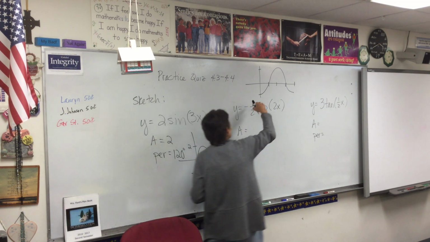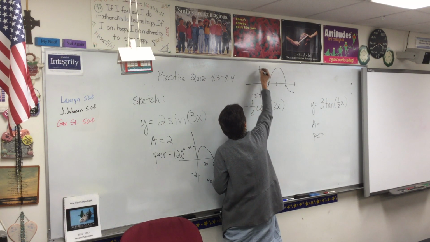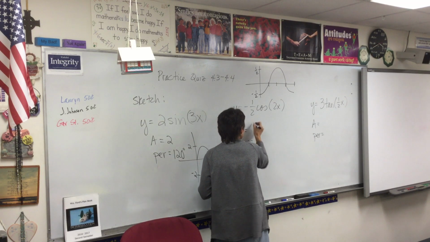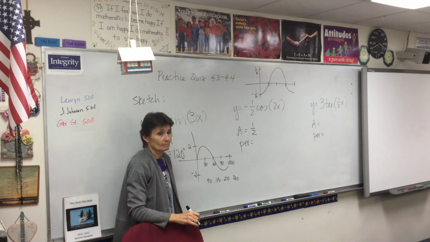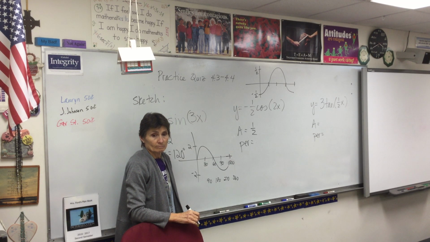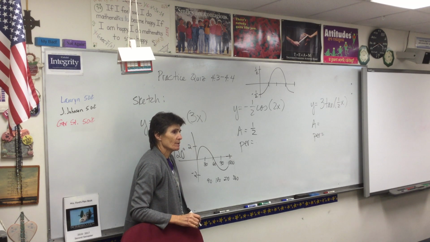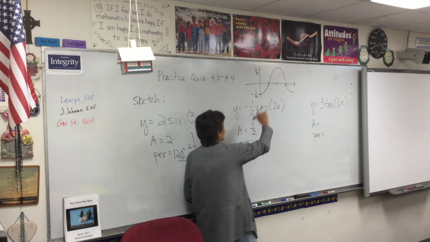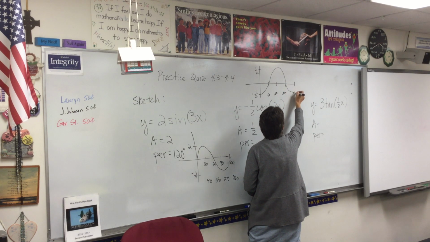What are my vertical values here? 1/2 and -1/2, meaning my amplitude is 1/2. Right? Now, what about my period? Well, these are supposed to be 90, 180, 270, 360.